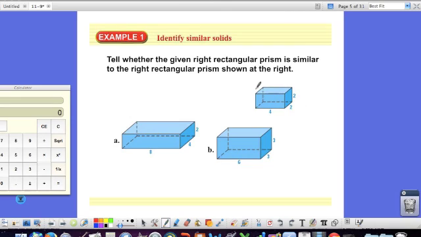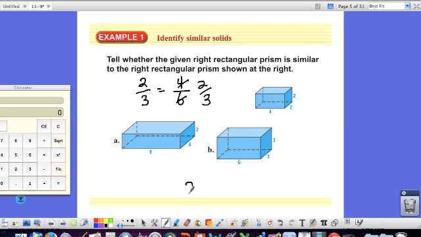We have this prism, and we can see that it's a square and a height. This isn't even a square on this side. This is 3 to 6, and you can see that these 2's correspond to the sides that are 3, and then the side length that's 4 would correspond to the side length of 6. 4 to 6 reduces to 2/3.